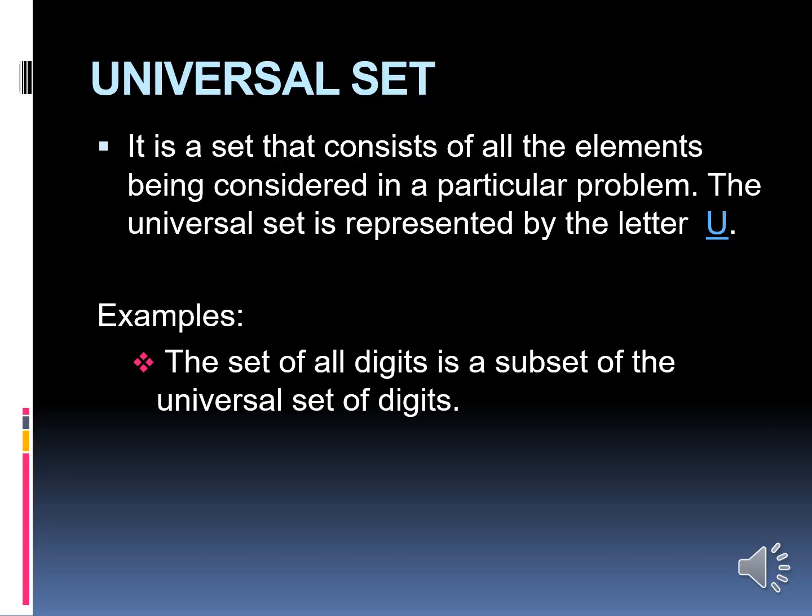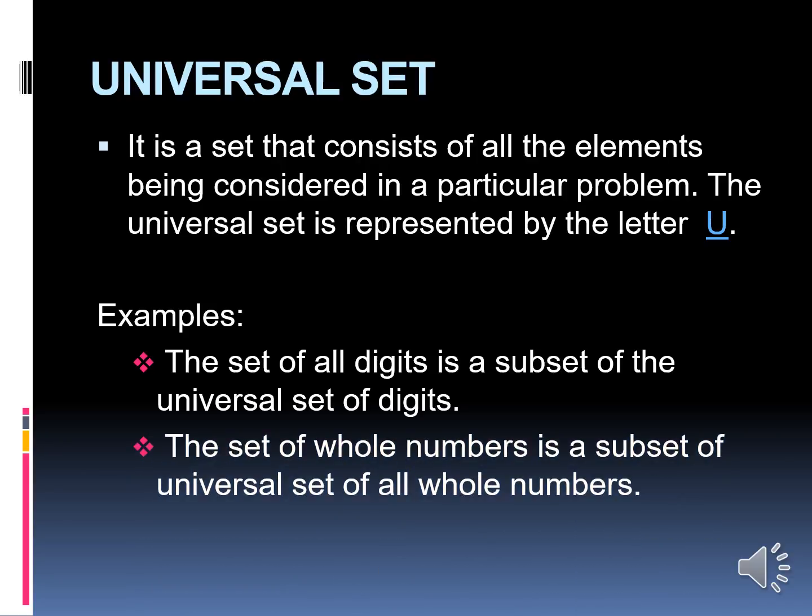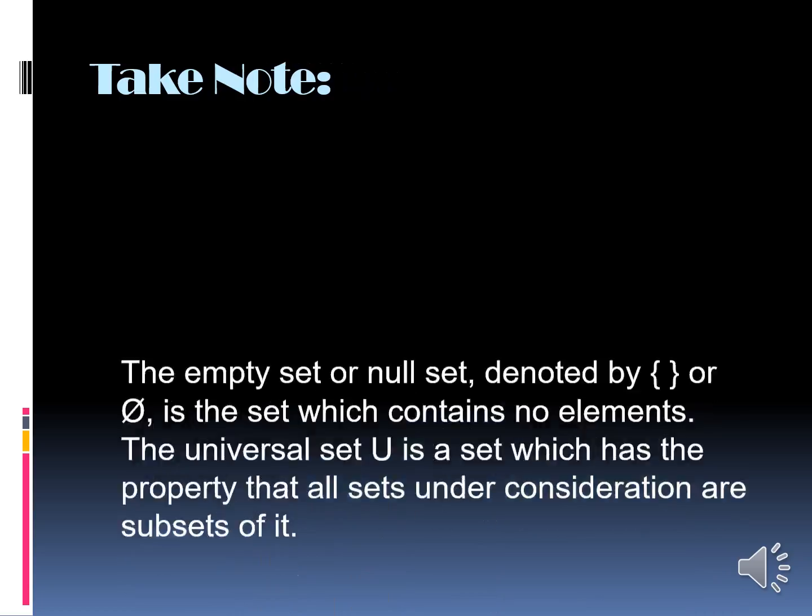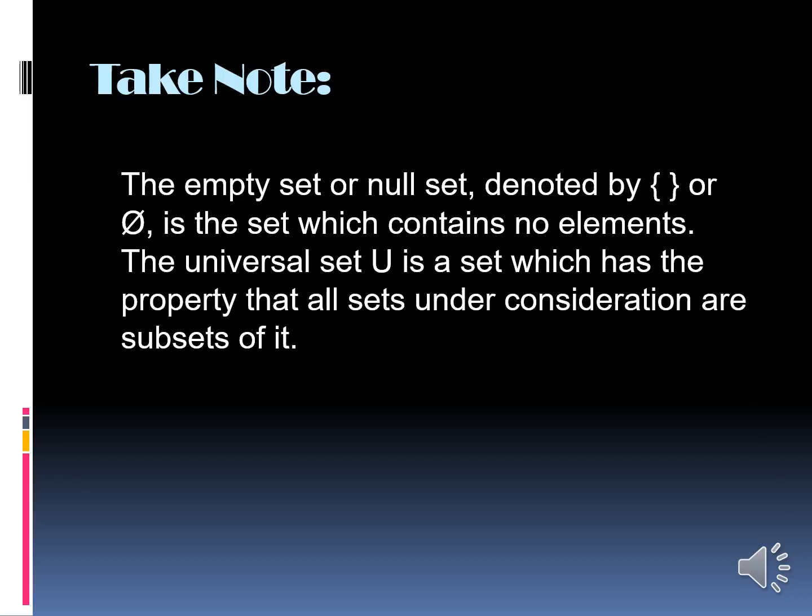And the set of all digits is the subset of the set of all digits, meaning it is a subset of itself. So the set of whole numbers is a subset of the universal set of all whole numbers. So take note that the empty set or null set, denoted by this symbol, is the set which contains no elements. So the universal set U is a set which has the property that all sets under consideration are subsets of it.